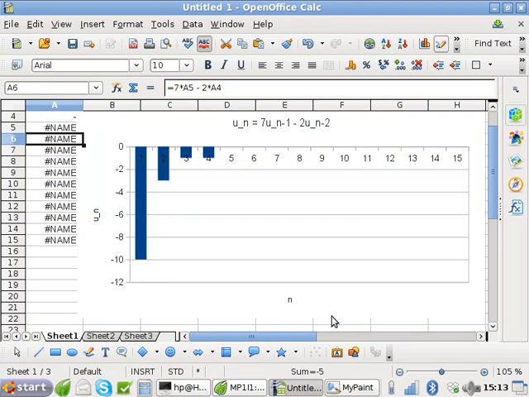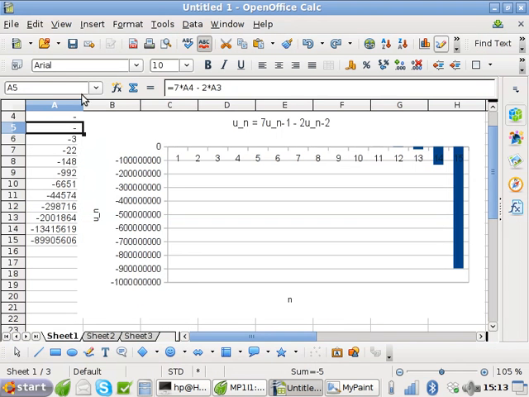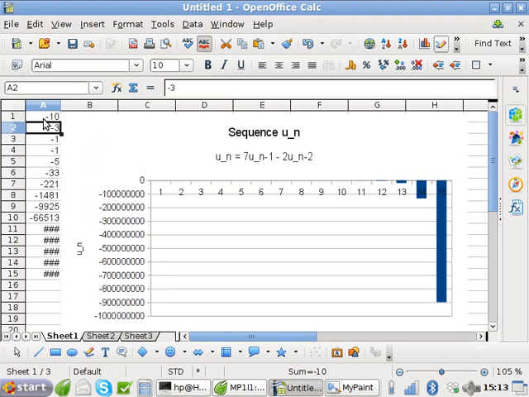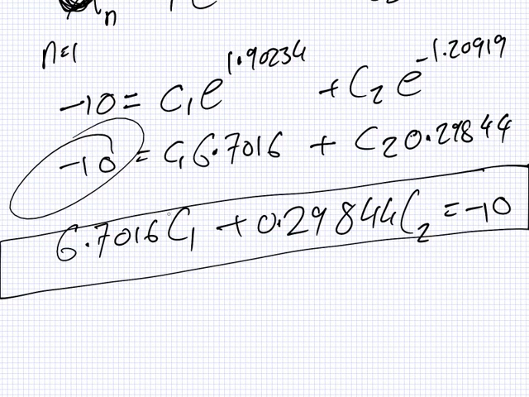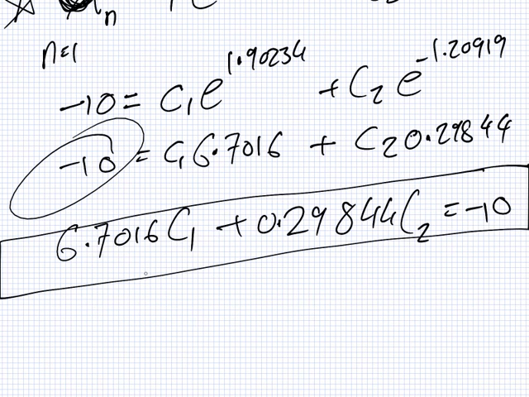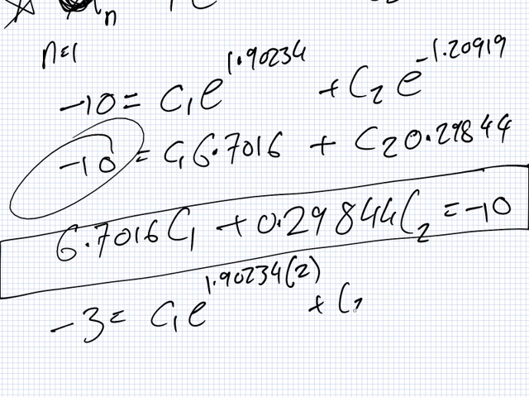Was it minus 5? Oh no, hang on. Minus 3, yeah. So if I use n is 2, I should have minus 3 equals C1 E to the 1.90234 times 2 plus C2 E to the power minus 1.20919 times 2.